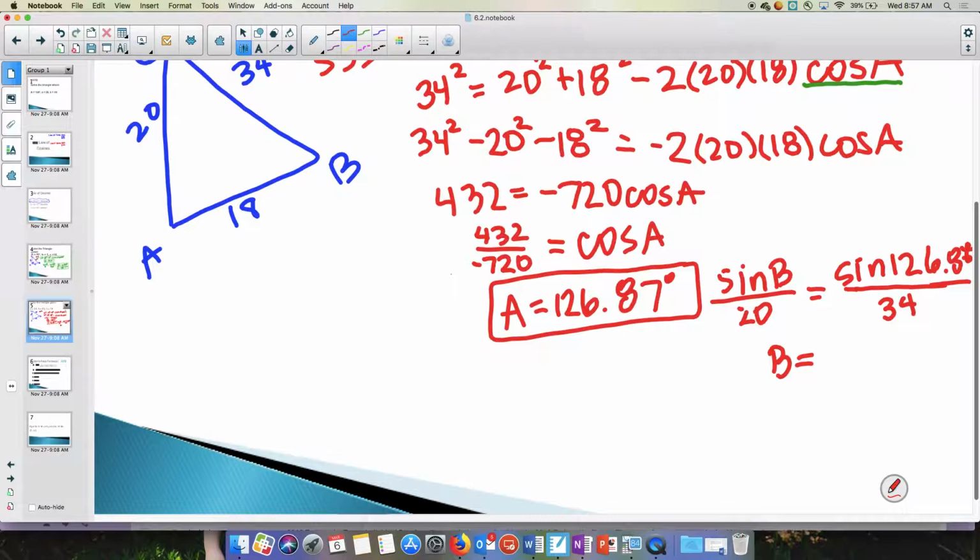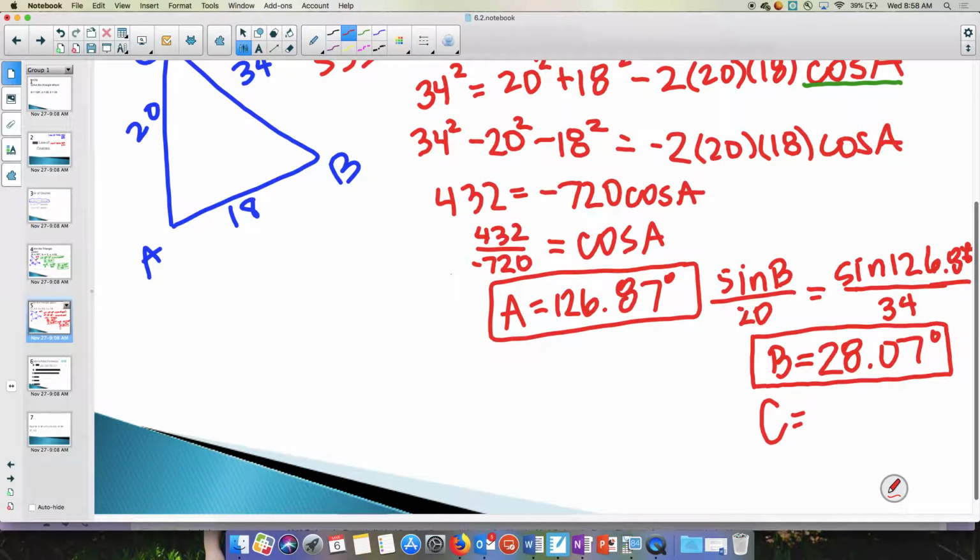So multiply this 20 over, and since the sine of B equals that in your calculator, please take the inverse sine of that quantity. What do we get? 28.07. Can we confirm? Yeah?